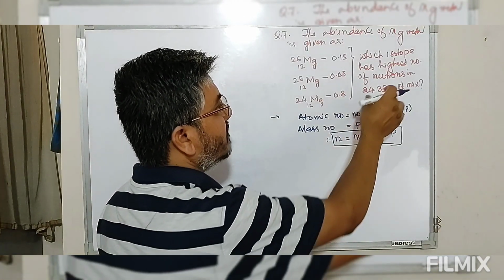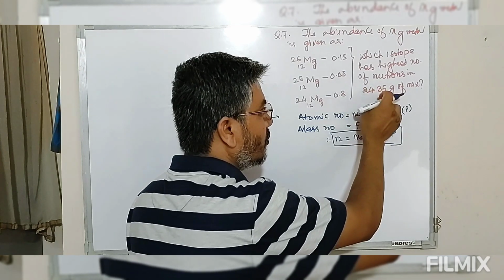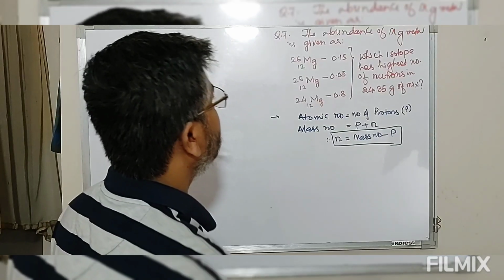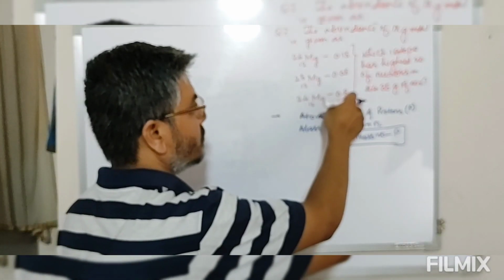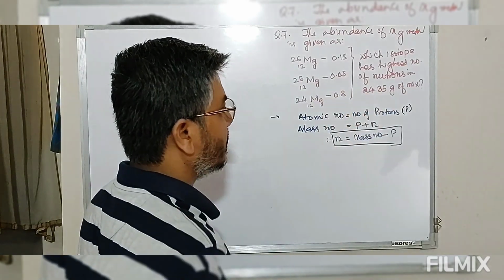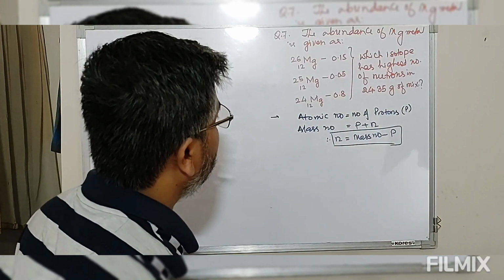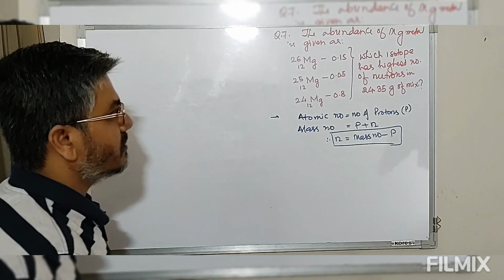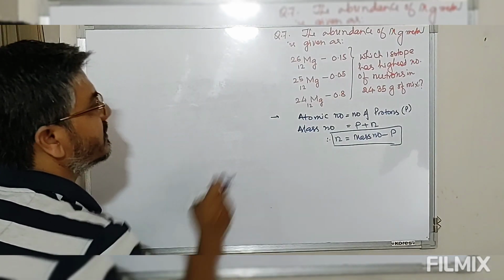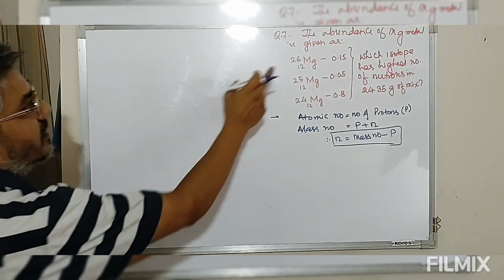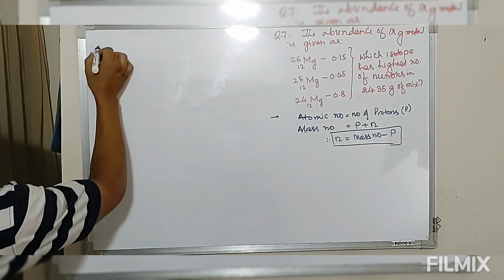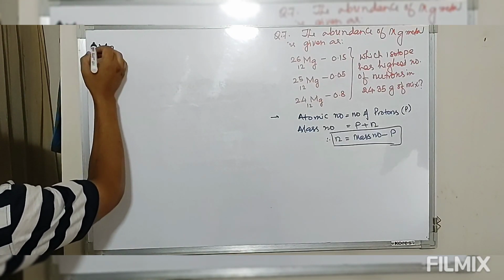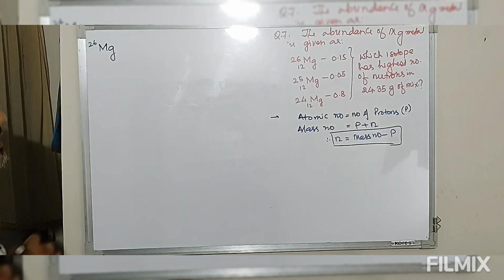Now we are given a mixture of 24.35 gram with the abundance of the three isotopes. Which isotope has the maximum number of neutrons? Now look at this. We have the isotopic mass 26, magnesium.